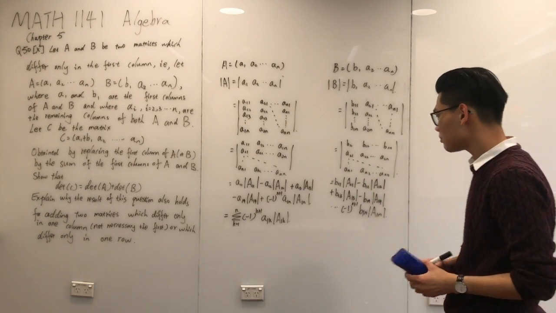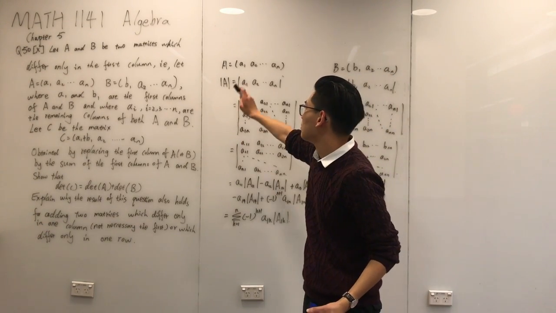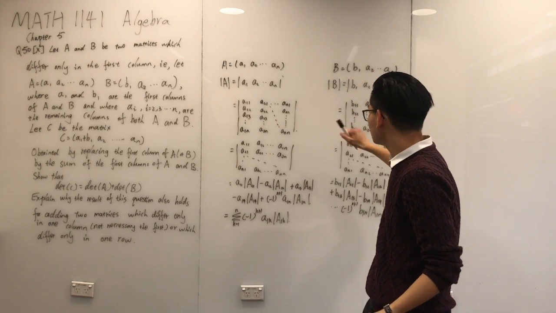So it seems like we're nearly there. Why? We're going to add up determinant A and determinant B, right?